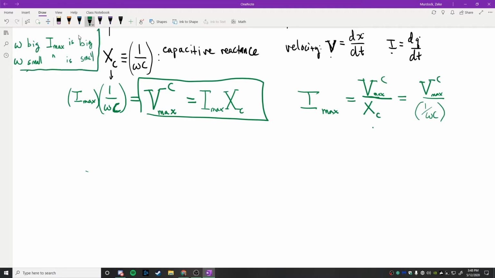That's what I wanted to say. If omega is big, then this quantity is going to be small, and as a result, Imax will be big. If omega is small, then this quantity is going to be a big number, because it's in the denominator, and then this is going to be small as well as a result. Now, why would that be the case?